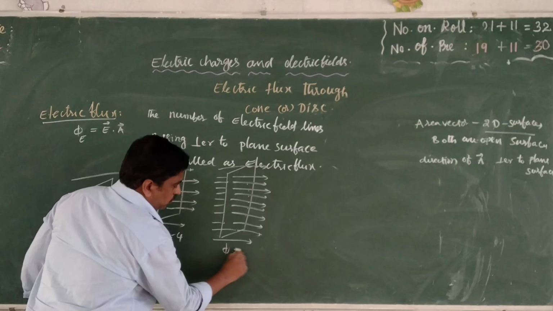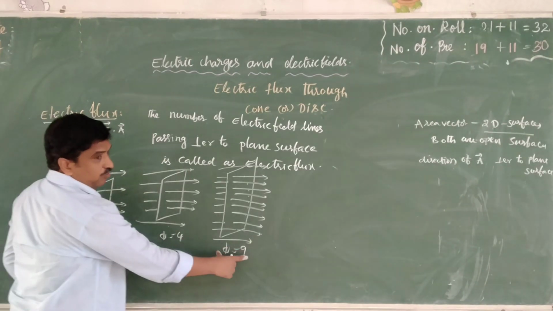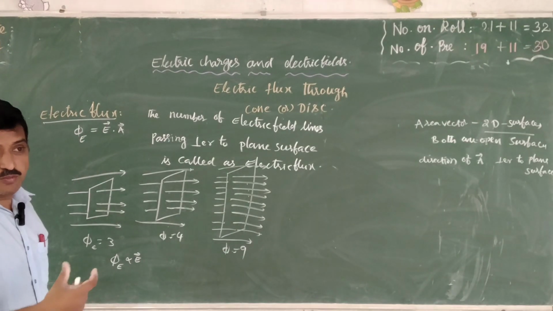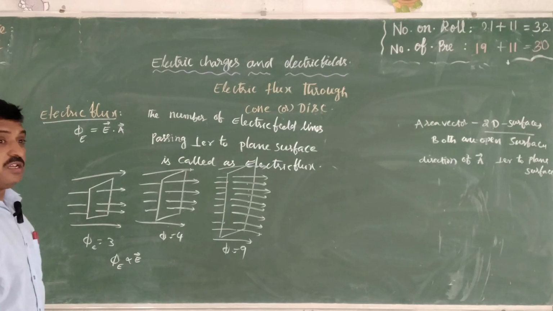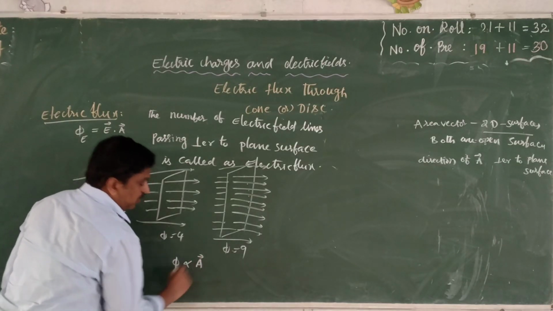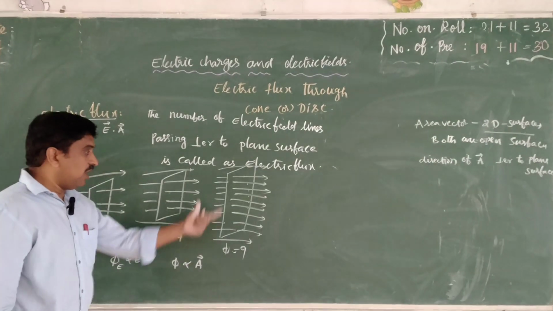So flux is 9 here. Area less, fewer field lines; area more, more field lines. So as area increases, the number of field lines passing through the surface increases. From that we can say flux is directly proportional to the area, the surface area.